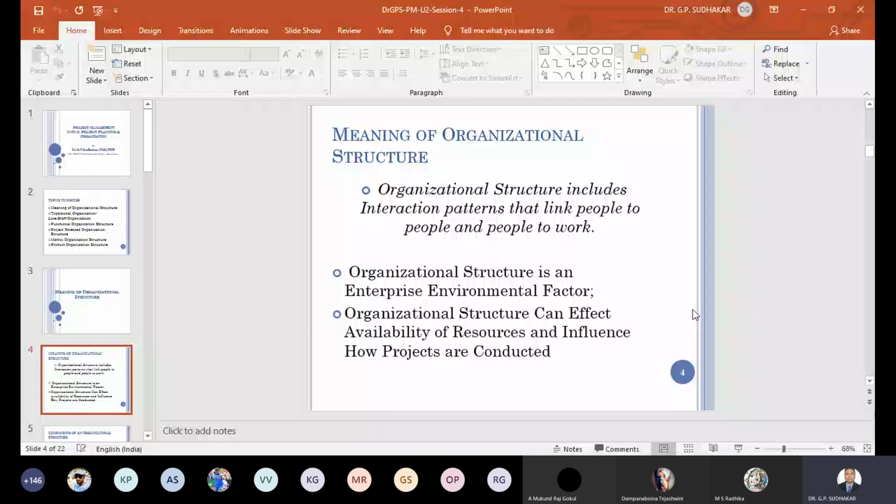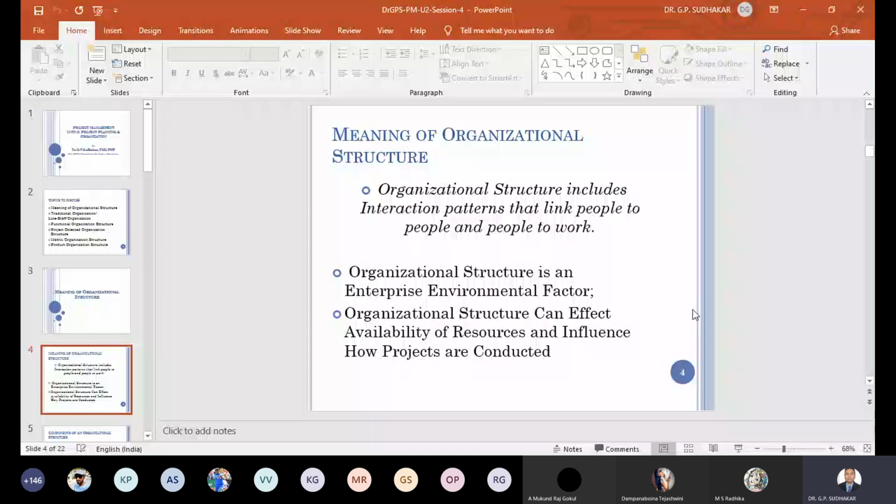So by seeing an organizational hierarchy, we can tell that this person is reporting to this person. So and so person is working on this aspect. A couple of people are related with respect to the tasks. Like that, we can tell by seeing the organization structure.